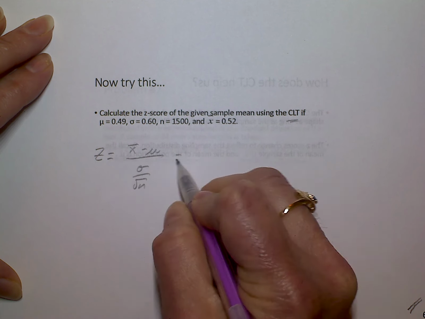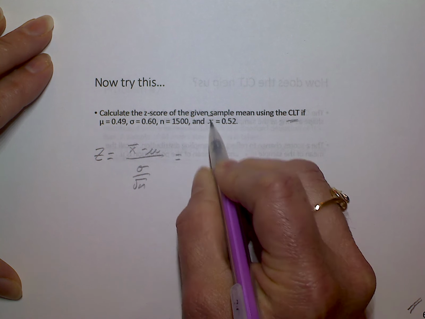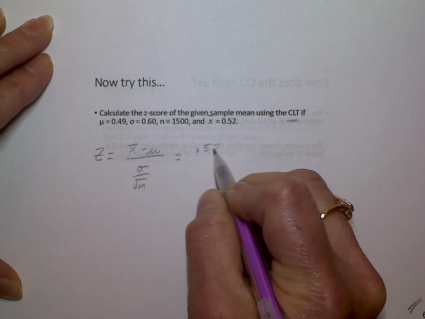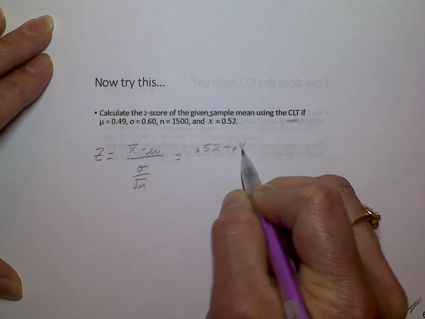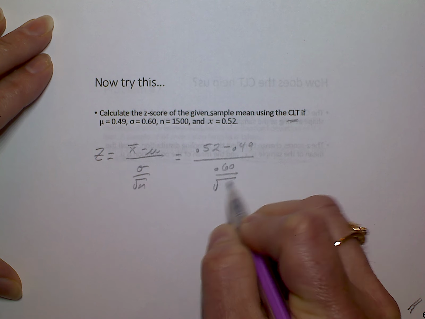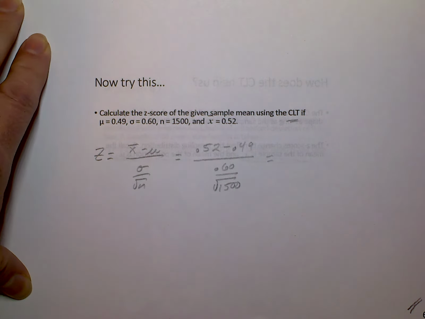Here goes nothing. X bar is, I know the bar is kind of lost in there. That bar is so far up and I don't know why. 0.52 minus mu over sigma over square root of n. And we're going to go and put that in our calculator very cautiously.